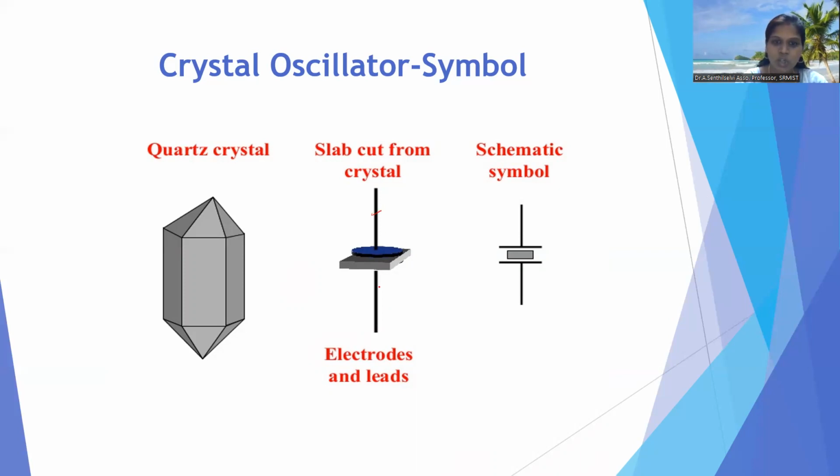These are the electrodes connected to it. This is what we have to use inside the circuits. This is the symbol of a crystal oscillator: a crystal with electrodes and two leads connected to it.